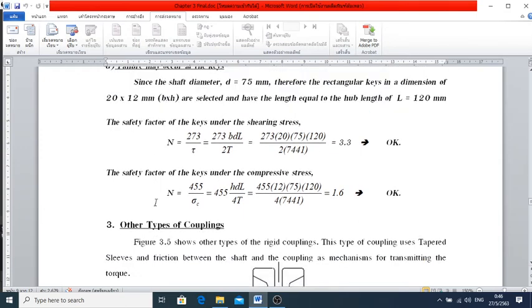Again, it's good for me to have a look at the safety factors that we've got here. The smallest safety factor seems to be right there at the key. So therefore, if an overload problem happens on the driven shaft, the most likely failure is going to happen right there at the key.